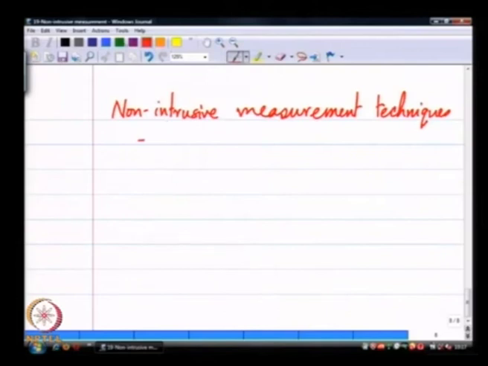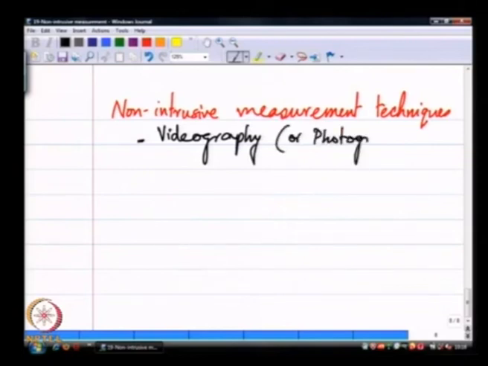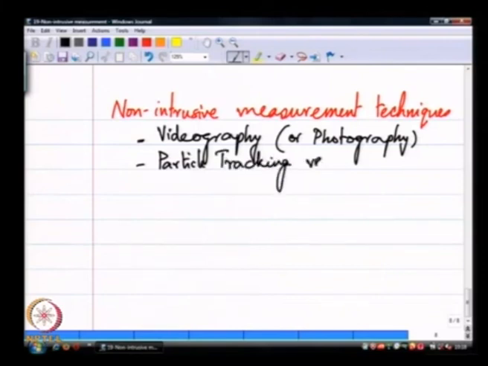We have already looked at a couple of different non-intrusive measurements. We looked at videography, or photography in a more specific sense. We looked at particle tracking velocimetry, as well as particle imaging velocimetry.